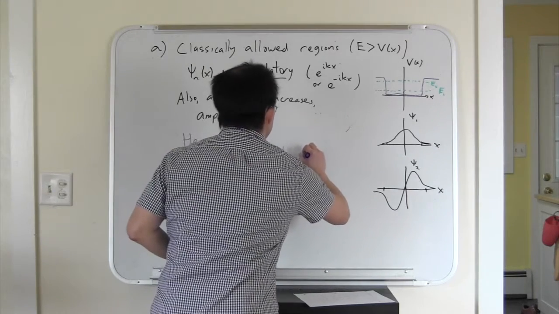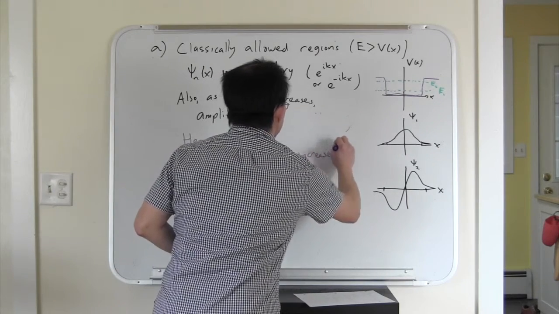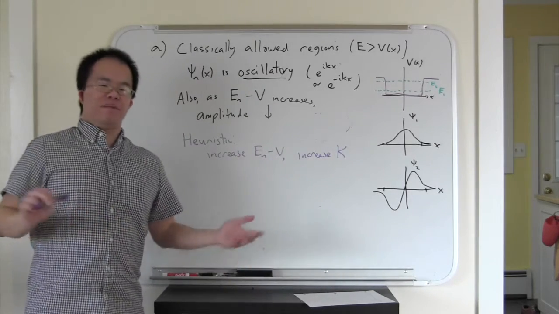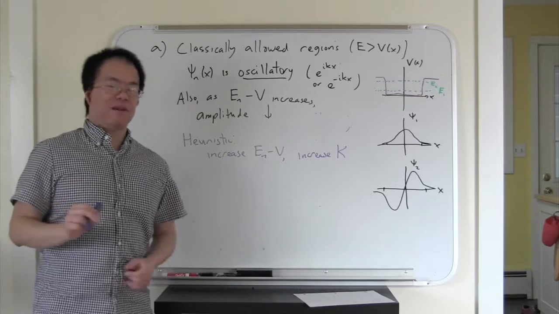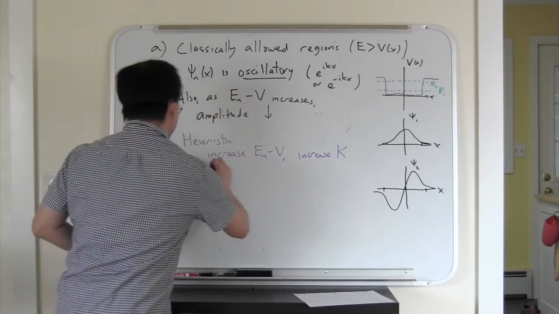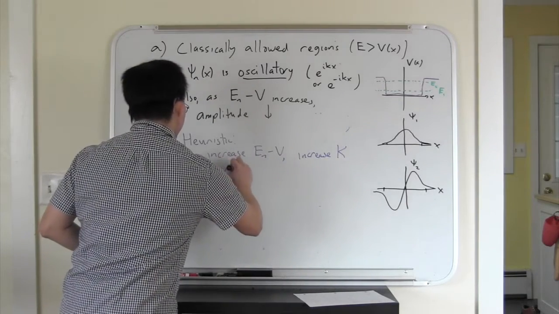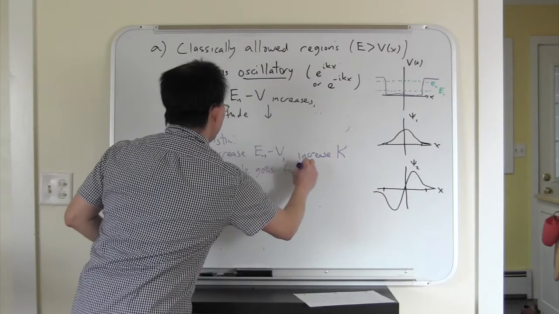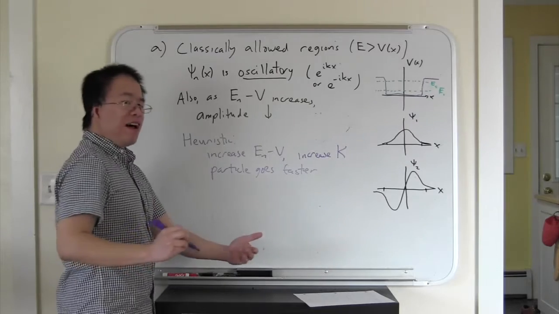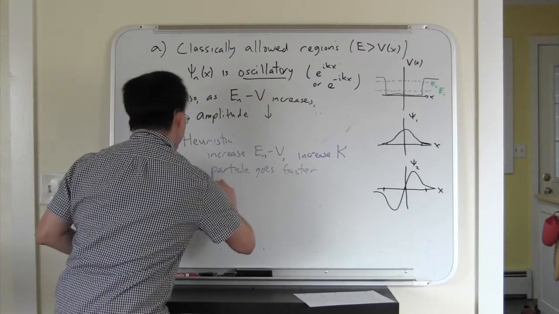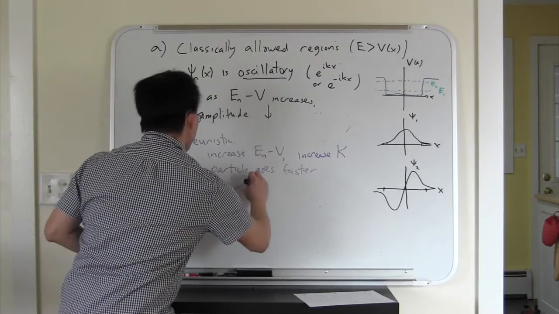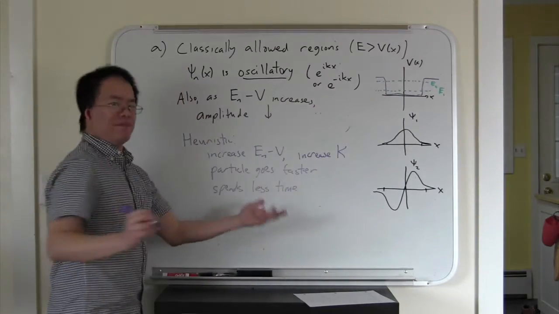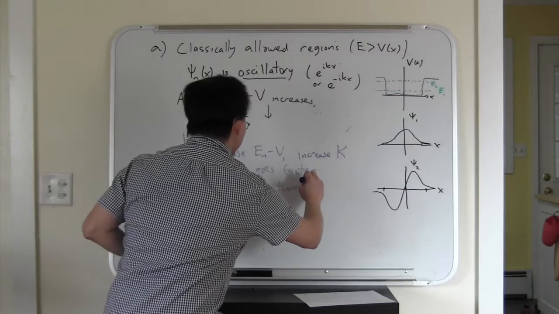So we increase K. Increased kinetic energy means that a particle is going faster, right? If the particle's moving faster, it spends less time in that location.